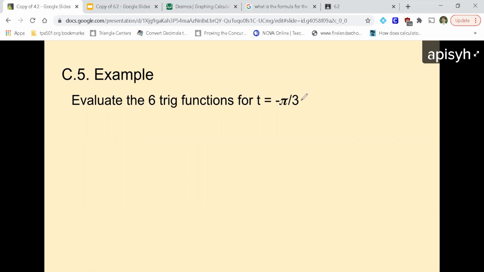So for this problem, I'm going to find its coterminal angle first by adding 2 pi to it. That way I can find the positive angle that stops at the exact same point, but that's within 0 to 2 pi.